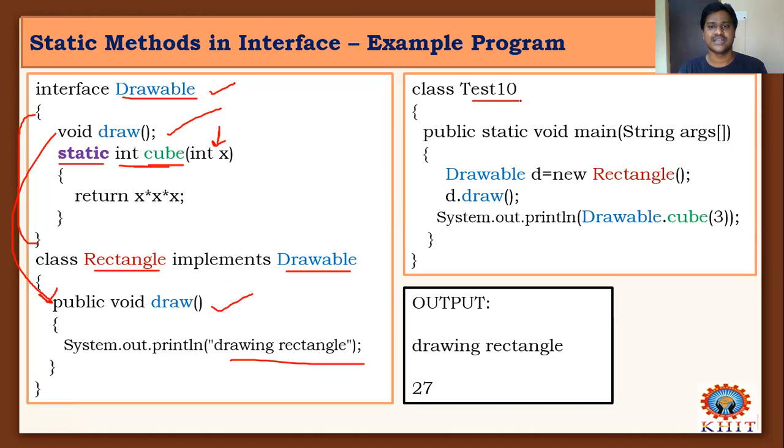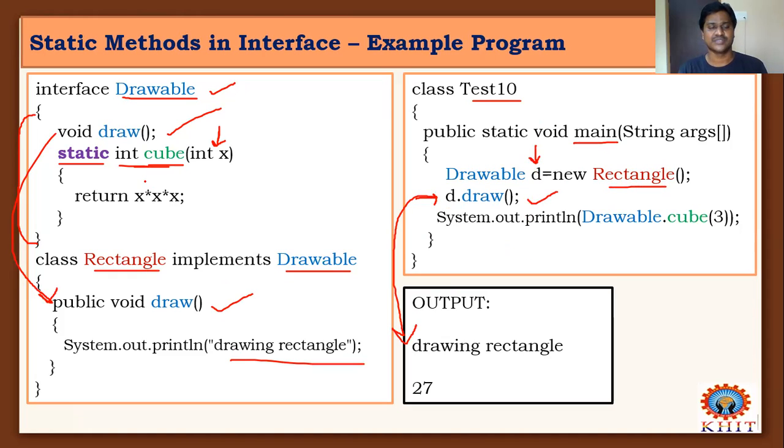And coming to the main class and void main method, we are creating a reference variable of this interface and referring to the instance of this Rectangle class. And we can call d.draw, valid and executed, and this method will display on the screen. But this cube method cannot be referred to by this reference variable or any object of this one.